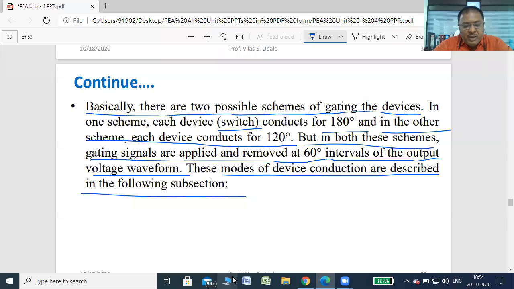So keep in mind, if devices 1, 2, 3 are on, maybe one device is going into the off state, and another device is coming into the on state. So after every 60 degrees, triggering pulses are applied to the switches. That is the 60-degree interval, right?